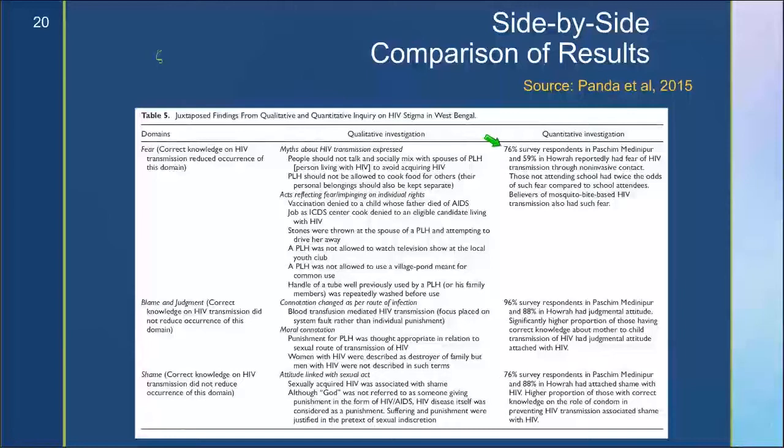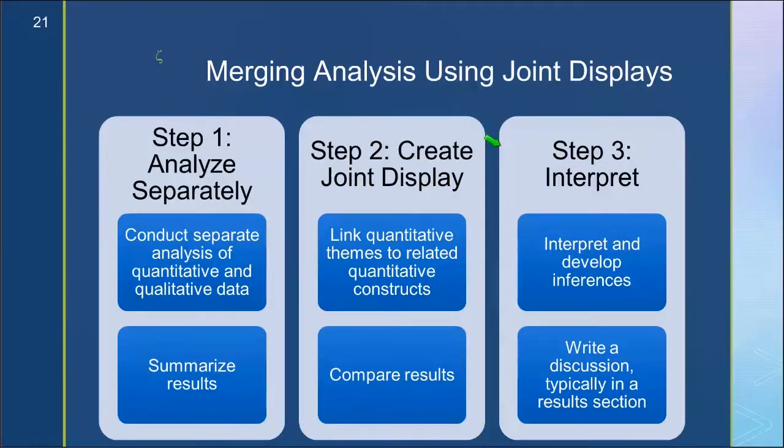So this is more of a narrative way to write about the results of their quantitative study, but the idea is still the same. So here they're showing those two results together. And then in the actual narrative in this article, they discuss more about their integrated results and what they learned by comparing those two.